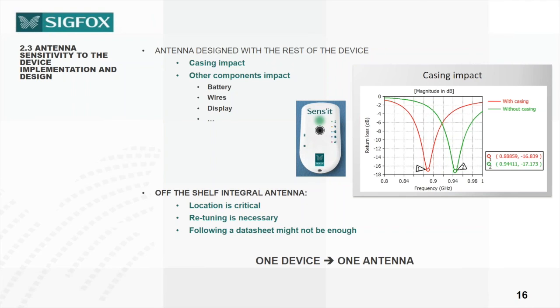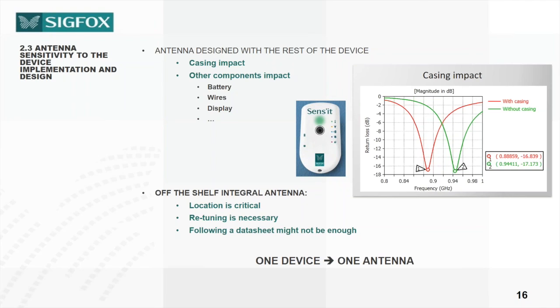You have to be very careful when you read an antenna datasheet, because it is written for one configuration, one platform. So you really need to make sure that you understand this datasheet perfectly. If you have any doubt, I think the best is to contact the suppliers directly and they will give you some advice.